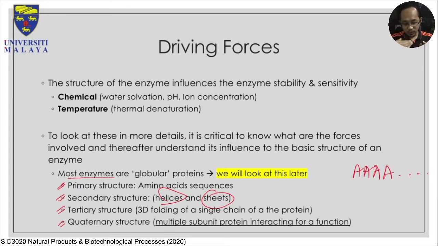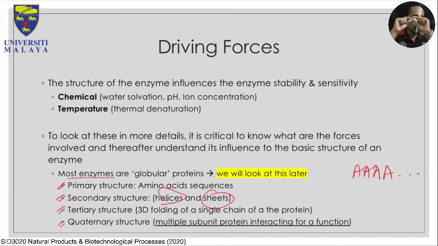And when you move to a tertiary level structure, we are now looking at a more three-dimensional shape. Okay, not to say that secondary structure is not three-dimensional, it is, but the degree of a tertiary structure is bigger, so it folds in a bigger way. The critical thing about a tertiary structure is that it comes from a single primary structure.